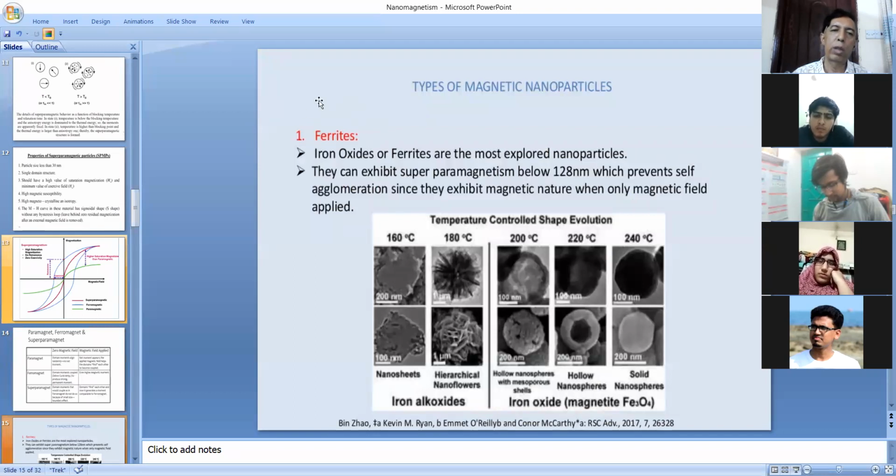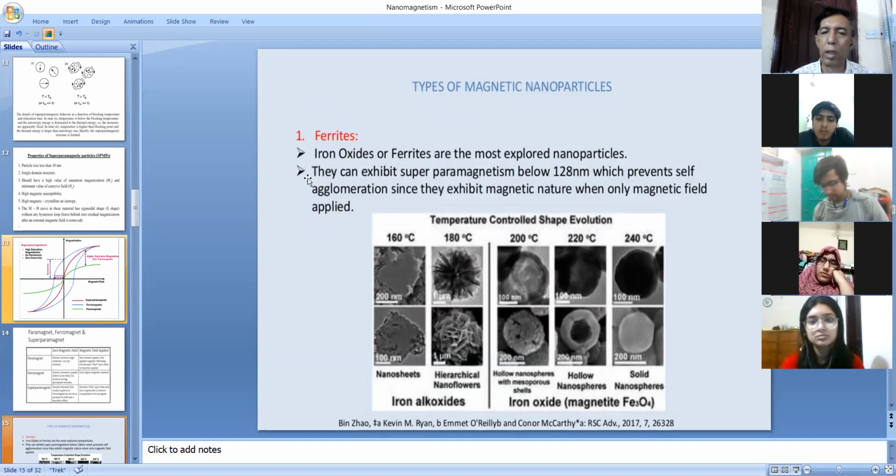Ferrites means they are iron oxides. They can exhibit superparamagnetism below 128 nanometer of size, and that prevents self-agglomeration. That means they do not make bulk material by agglomerating themselves.